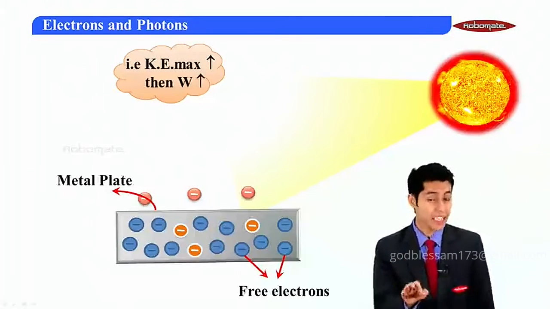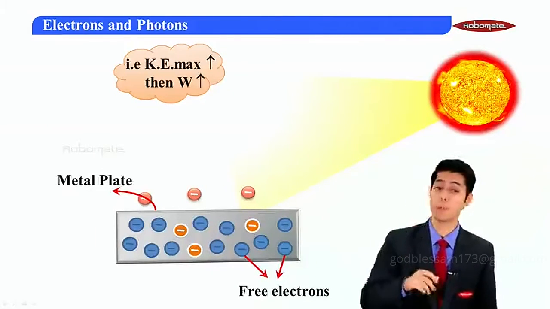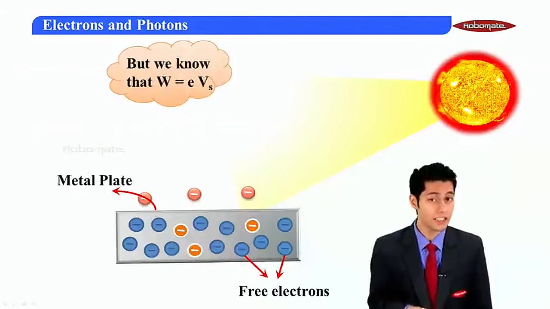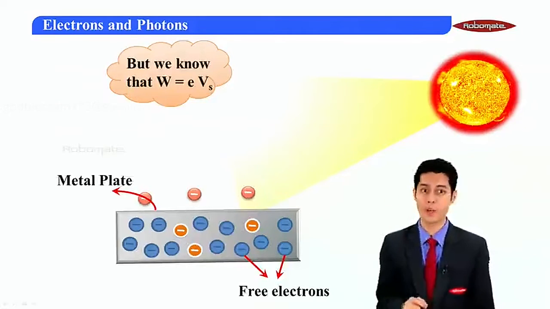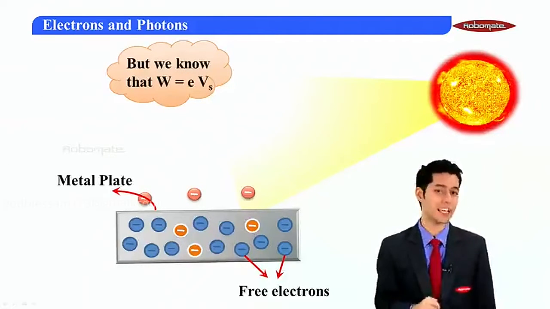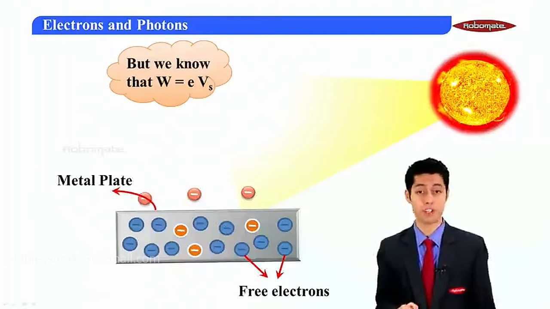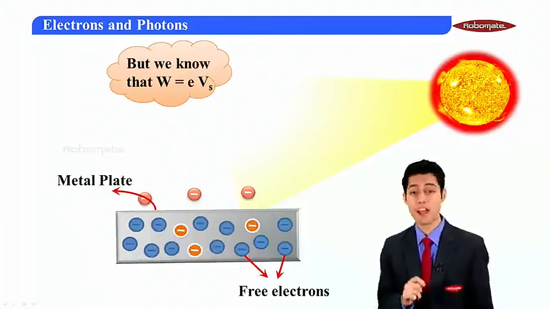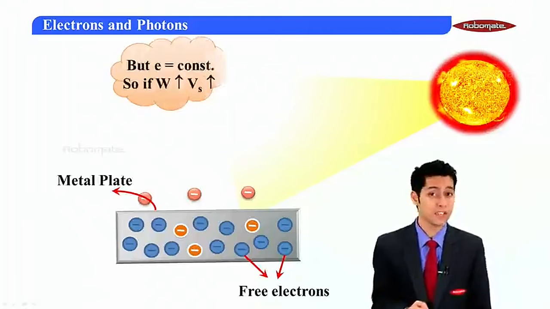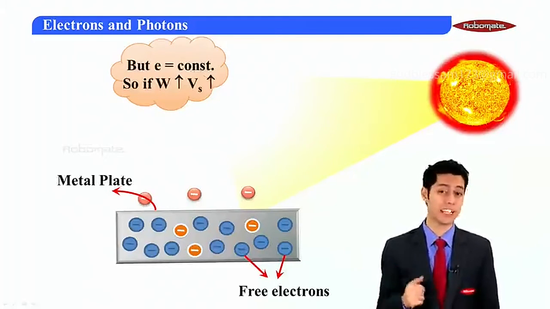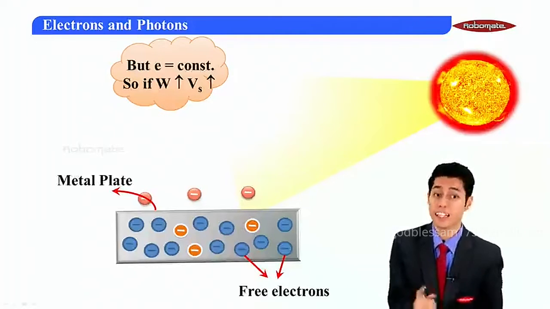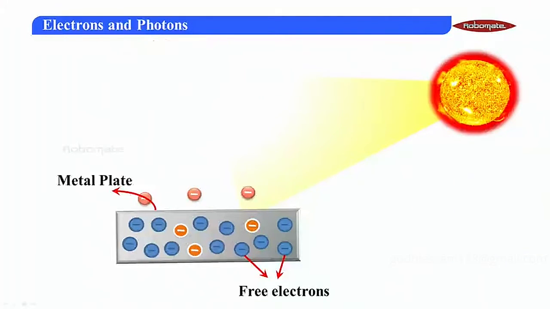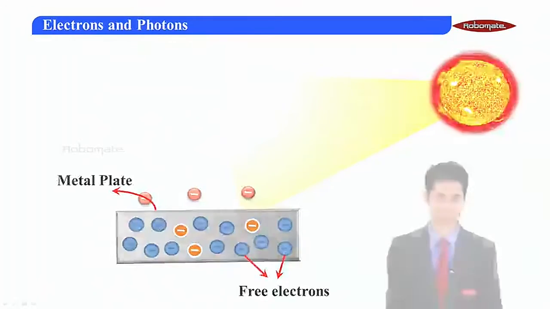If work done to stop it increases, then we know that work done is equal to e into Vs, where Vs stands for stopping potential and e stands for the charge of a single electron. We know the charge of a single electron is constant, so if the work done to stop the electron increases, then the stopping potential should also increase.